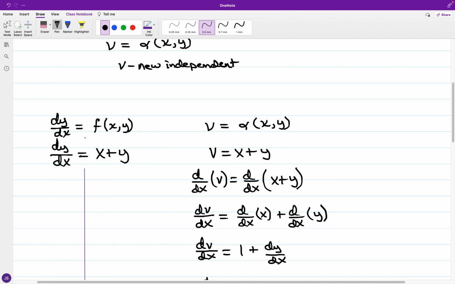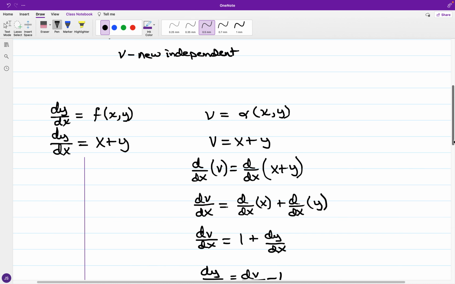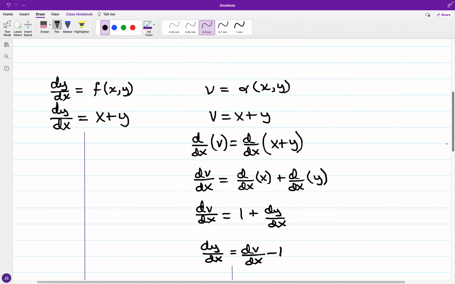Notice that the differential equation has dy over dx equal to x plus y, and if I put this in terms of v, we have dy over dx is equal to dv over dx minus 1.